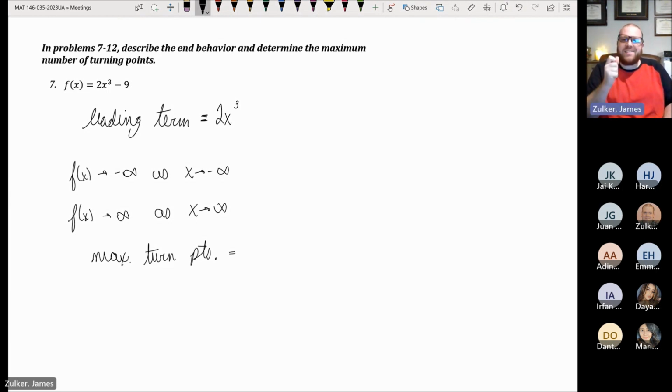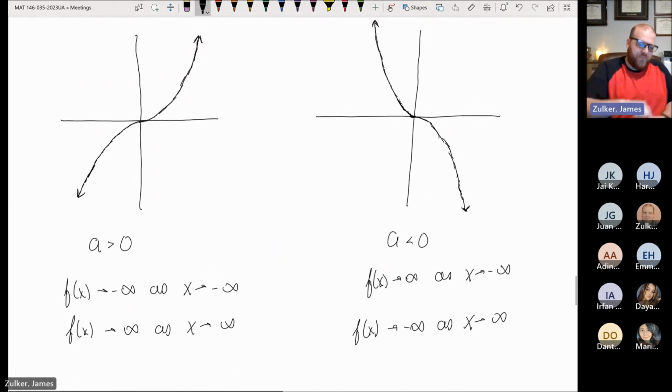We don't know if it has 2 turning points exactly. And in fact, in this case, it doesn't. Because this is literally just a transformation of a cubic, it has no turning points here, because it never switches from increasing to decreasing.